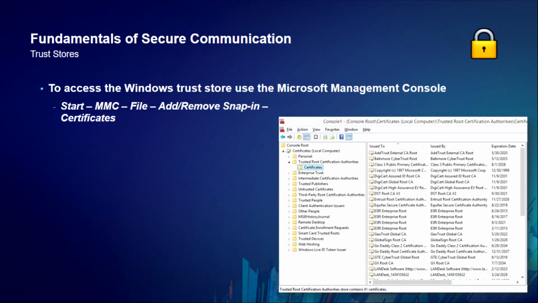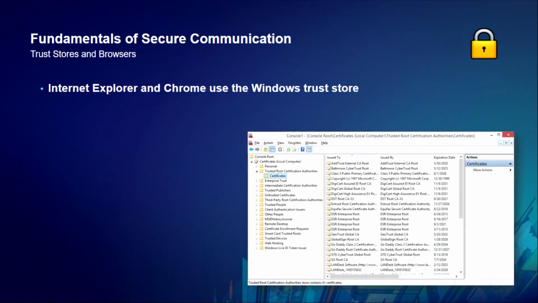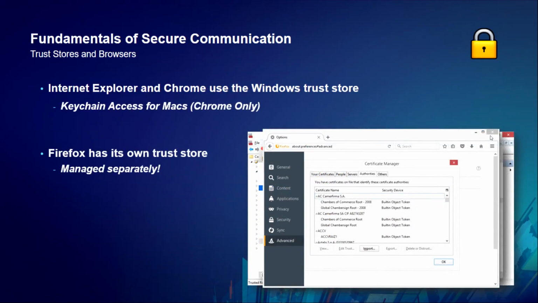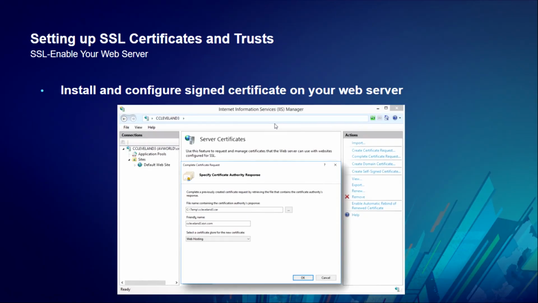These are just a few screens. We're about out of time here, of what these trusts look like. One key thing I want to make note of: Internet Explorer and Chrome use the Windows certificate store for trust. Okay, so if I put GoDaddy in IE, for example, Chrome automatically uses that also.